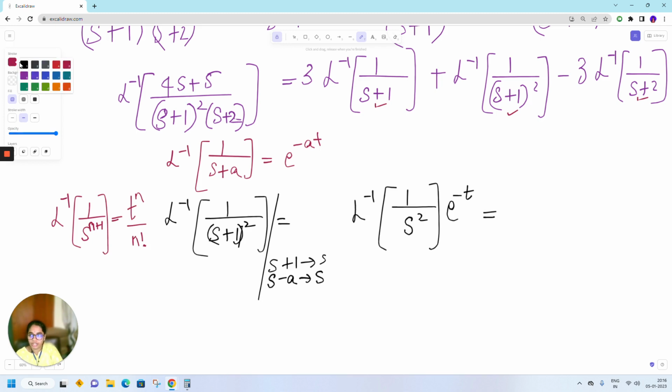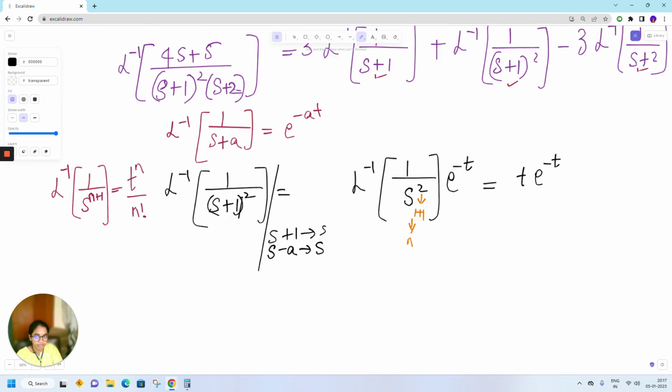So I can write this n as 1, so in place of n I have 1. Correct? So this is equal to t power 1 divided by 1 factorial into e power minus t.